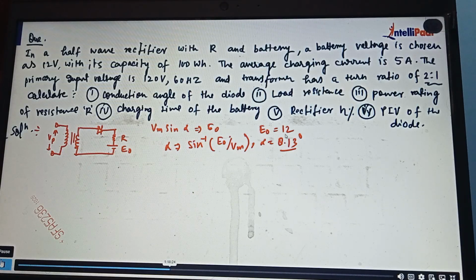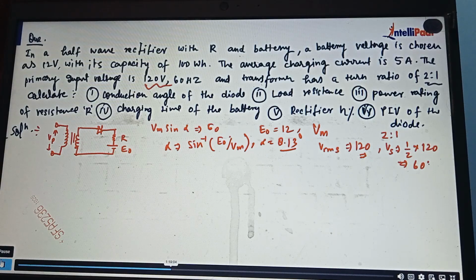What is the value of E naught? That is 12. What is the value of Vm, by the way? Vs is given. VRMS is given, right? VRMS voltage is 120. From this, we have a 2:1 ratio. So the actual secondary voltage would be 1 by 2 into 120.